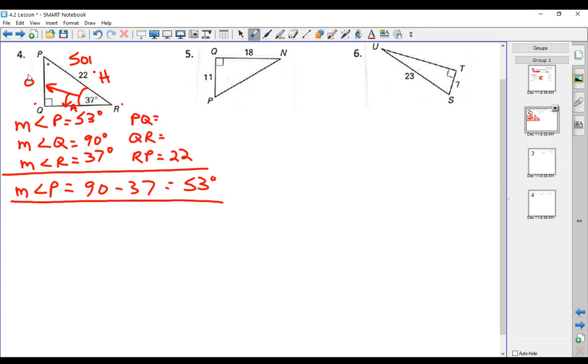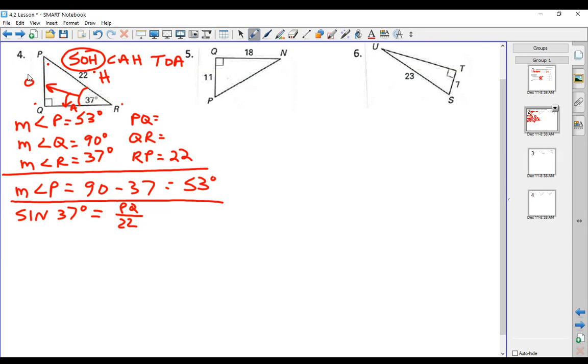So if I look back at SOHCAHTOA, opposite and hypotenuse is going back to sine. So I'm going to do the sine of 37 degrees is equal to the opposite, which is PQ, over the hypotenuse, which is 22.